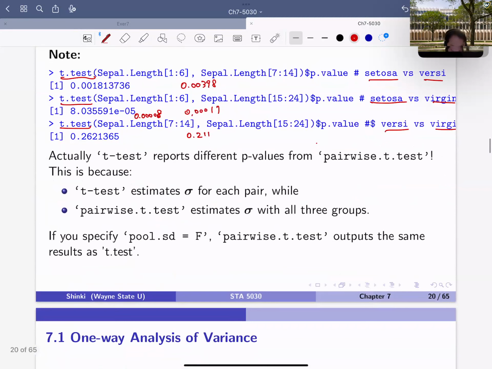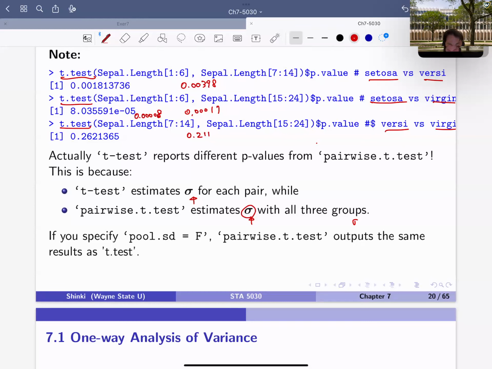Because the estimation of sigma is different. In the pairwise t-test, basically we estimate only one sigma. The 3 groups have different sigmas, but we take the weighted average of the sigmas and use this. Our assumption in the ANOVA model is that sigma is constant between groups.